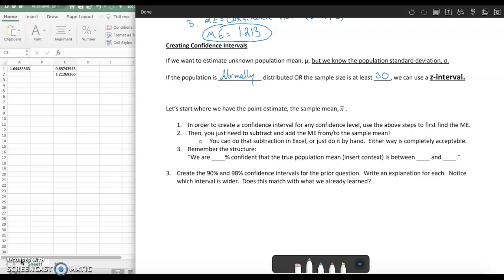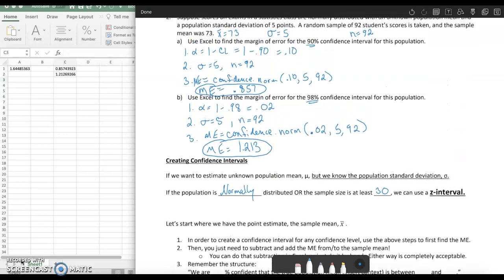We're going to use it and what we know about the population standard deviation in order to create a confidence interval. In order to create the confidence interval for any confidence level, use the above steps first to find the margin of error. So we're basically going to start where we just were.